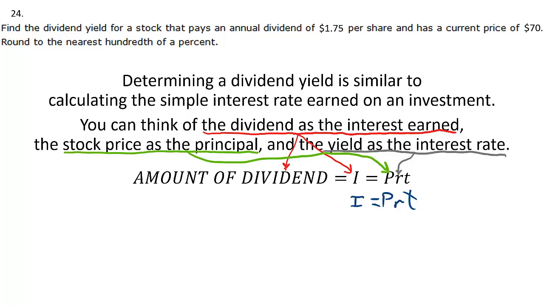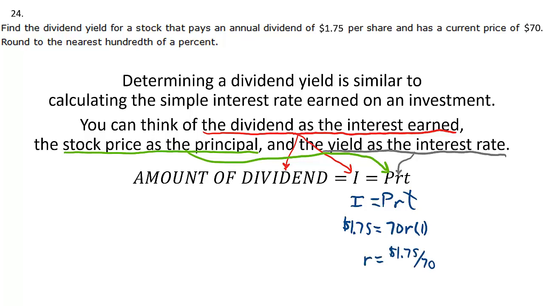So basically you're using I equals PRT. The dividend is $1.75 per share, so that's like the capital I. The principal is like the stock price, so that's 70, and the time is for a year, so T is 1.